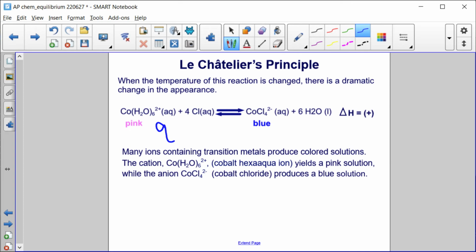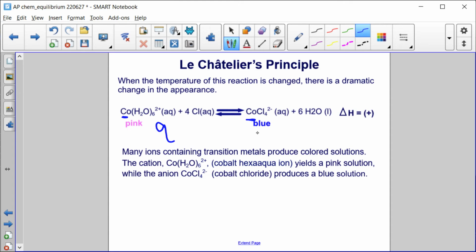Many ions containing transition metals, in this case the transition metal is cobalt, produce colored solutions. The cation cobalt hexaaqua ion, cobalt with 6 waters and then 2+, yields a pink solution. Whereas cobalt chloride ion, CoCl4 with a 2- charge, produces a blue solution.